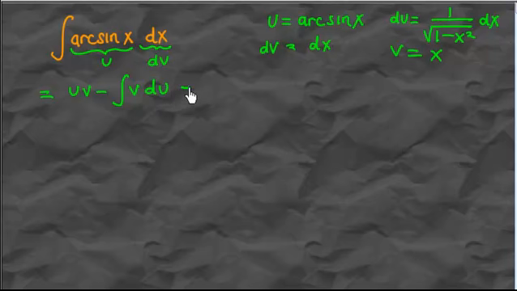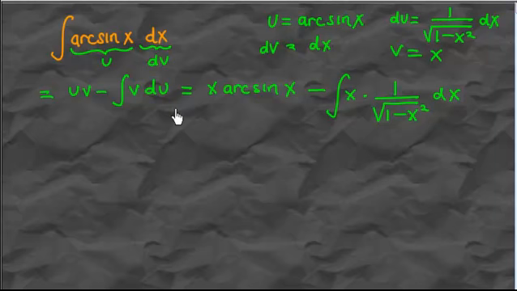So x times arcsine x minus the integral of v du, x times 1 over square root of 1 minus x squared dx.